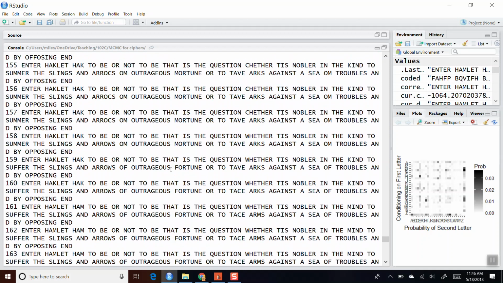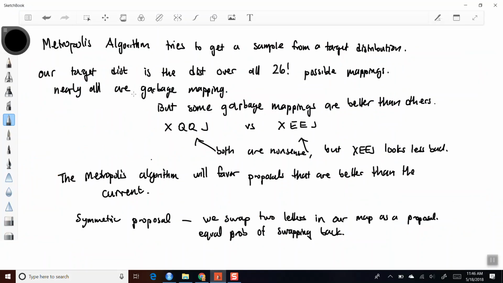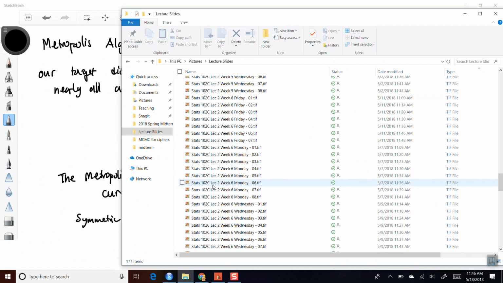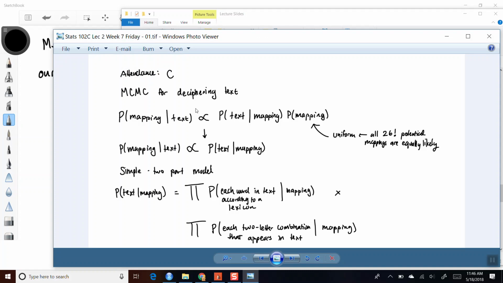I think that's cool, right? So this is a situation where, if we look back at what the actual distribution looks like, this is a very difficult thing because technically the true distribution is divided by the probability of the text.